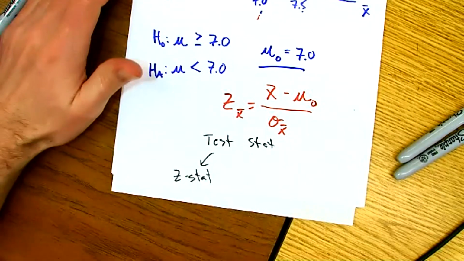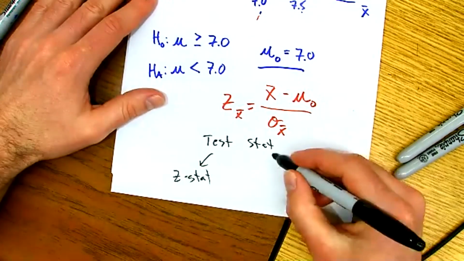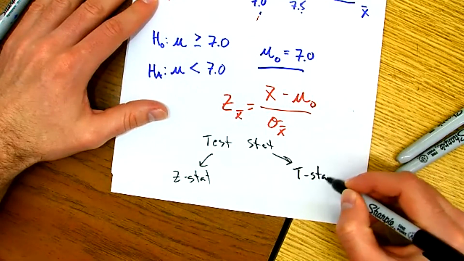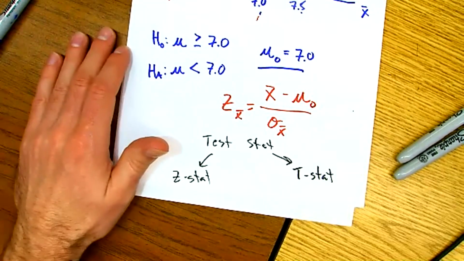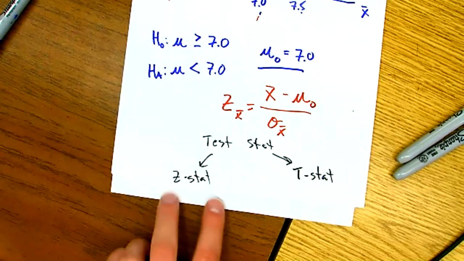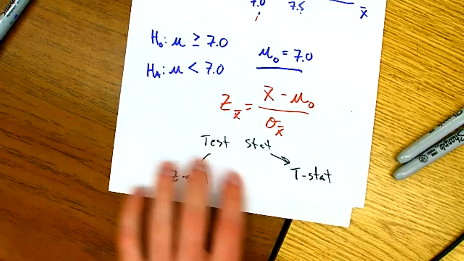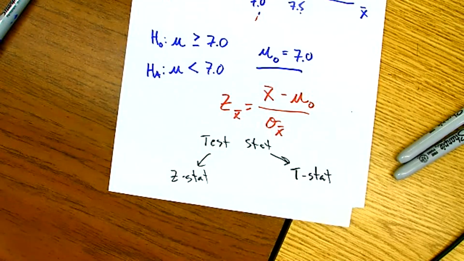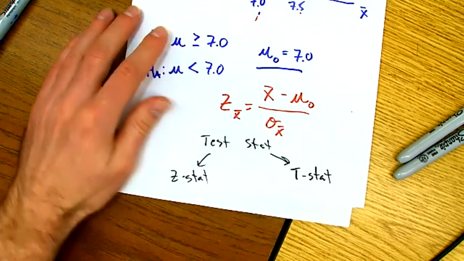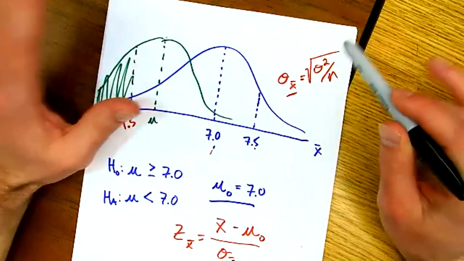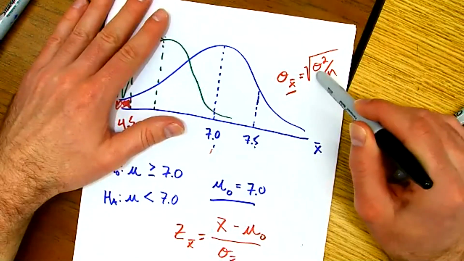And you can already imagine, because of things we've done with confidence intervals, there may be scenarios where I need to use the student t distribution, in which case I would call this a t statistic, right? So this is really just identifying what distribution it's coming from, but both of them are considered test statistics. Here, we're going to start out today with examples where we have the population variance.